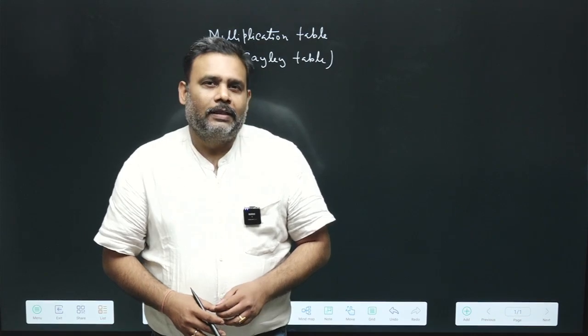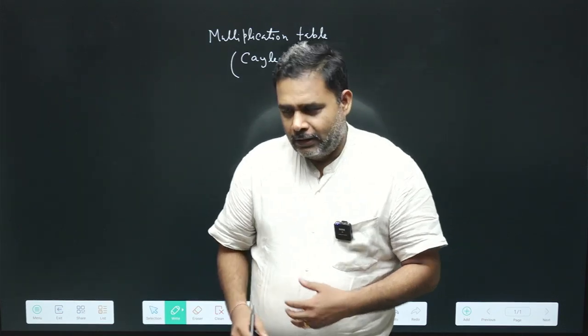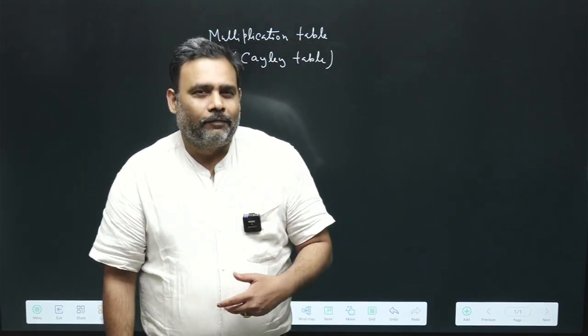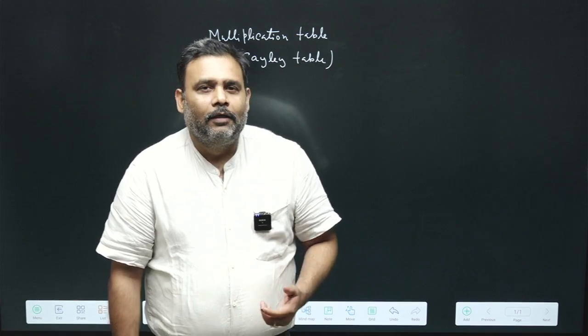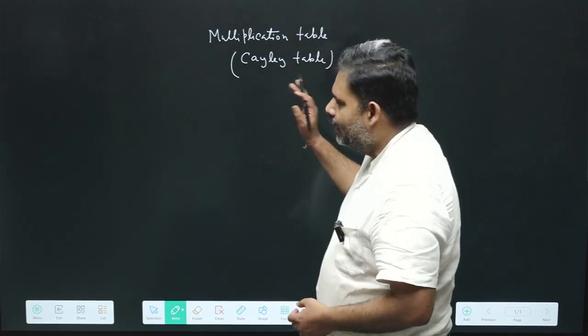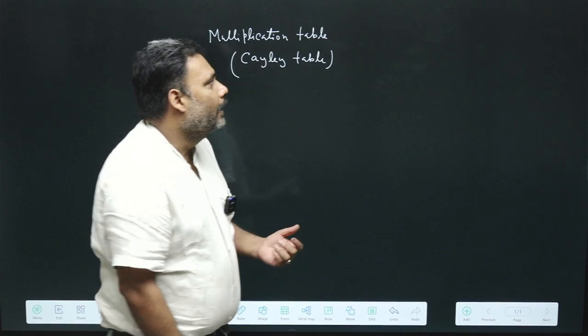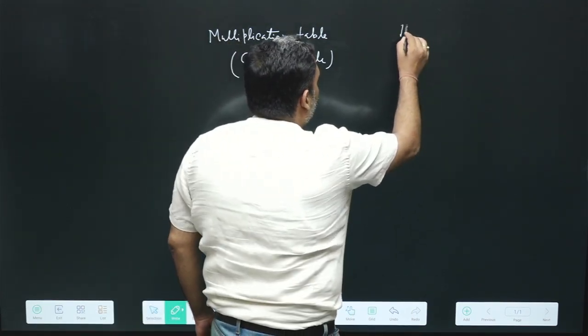This multiplication table is also known as Cayley's table, named after the British mathematician Arthur Cayley. So what is this particular Cayley's table? It is mainly for the finite group.